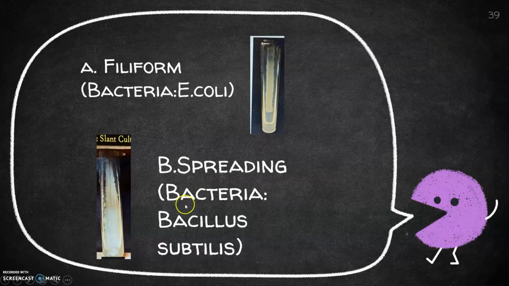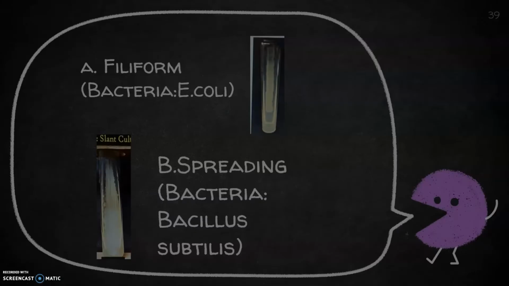While on the spreading, we can see that on the bottom, there is occupied growth of colony, and this represents the bacteria Bacillus subtilis. The spreading is also called effuse.